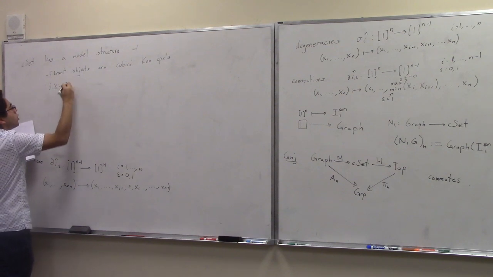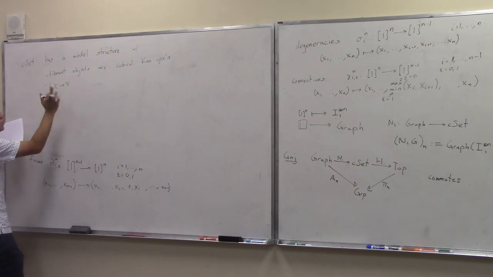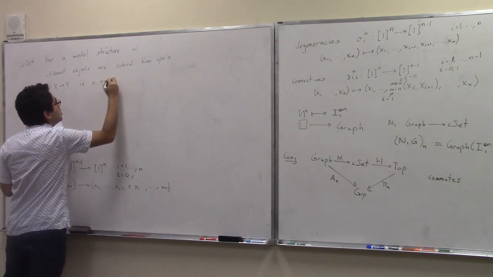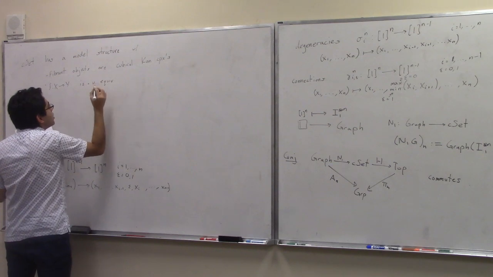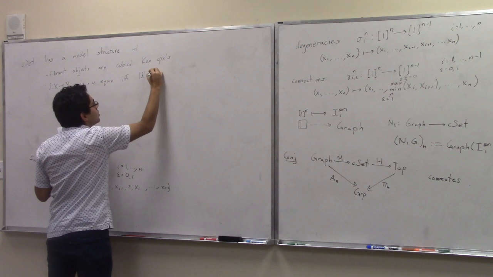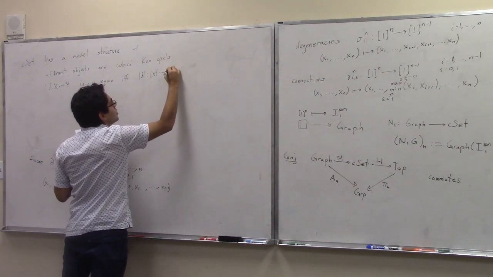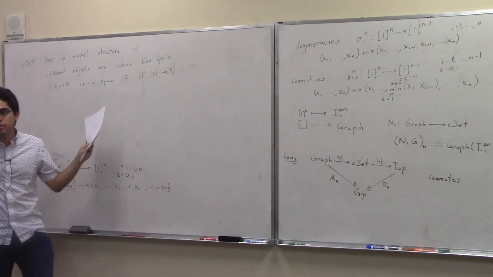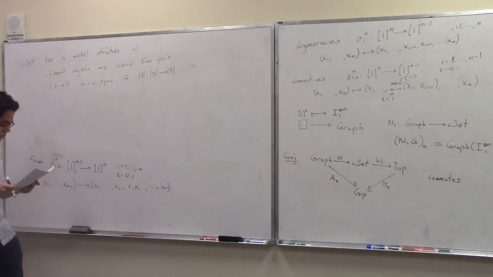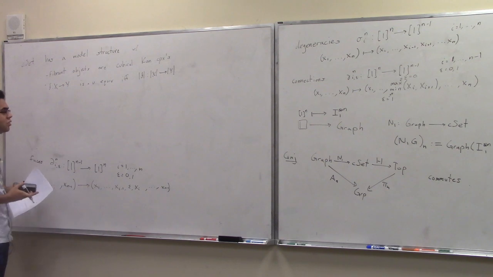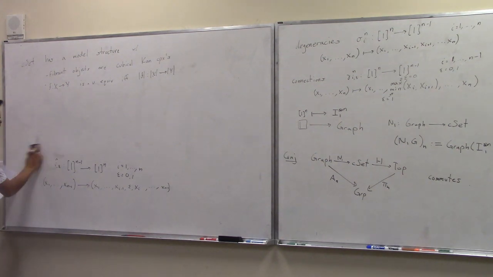And importantly, a map between cubical sets, say F, is a weak equivalence in this model structure exactly when its geometric realization is a weak equivalence as a map between topological spaces, meaning it induces an isomorphism on all homotopy groups. Now, how am I looping the model structure into this?